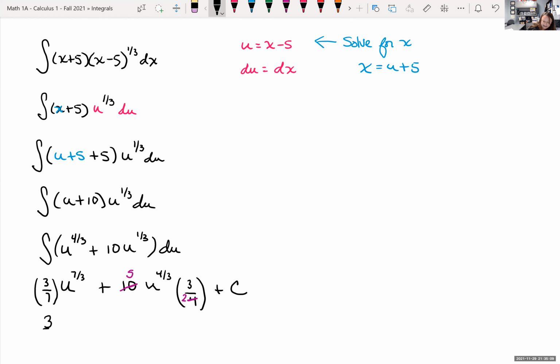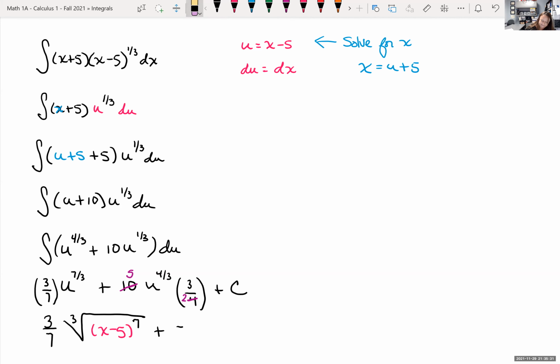So we have 3/7. So u to the 7/3, that's like the cubed root of u, which we chose to be x minus 5, that's raised to the 7th, plus 5 times 3/2.